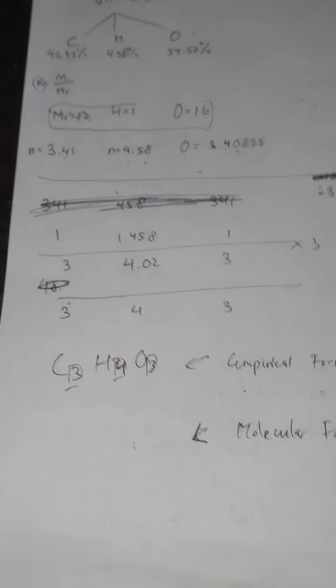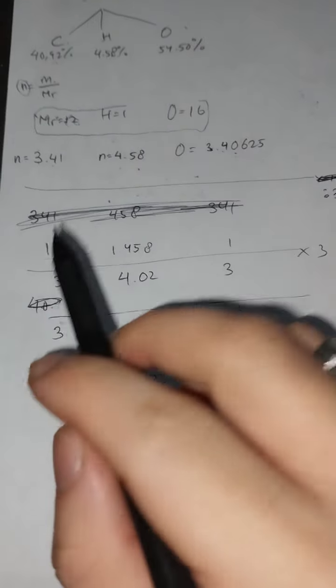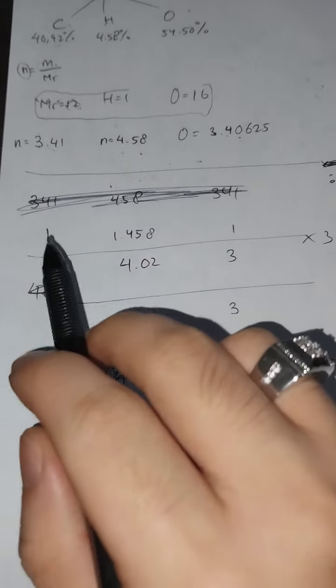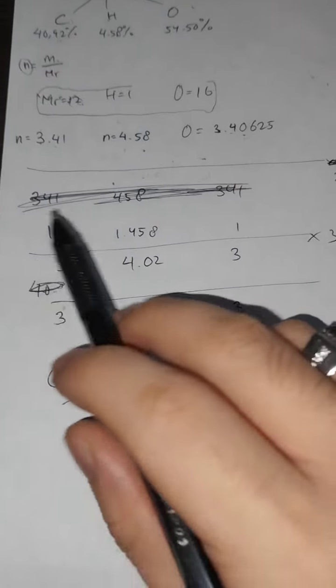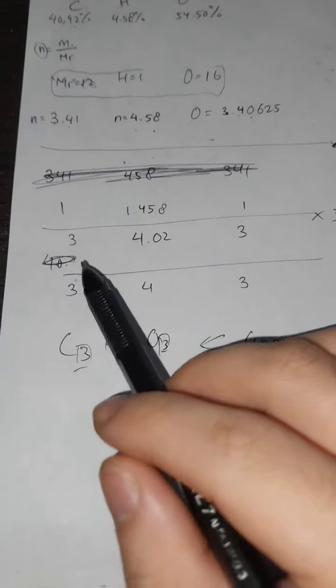Now, I hope you understand why I divided by the smallest number here. I want to turn this into the most basic ratio that contains 1. So after that I can find the empirical formula.